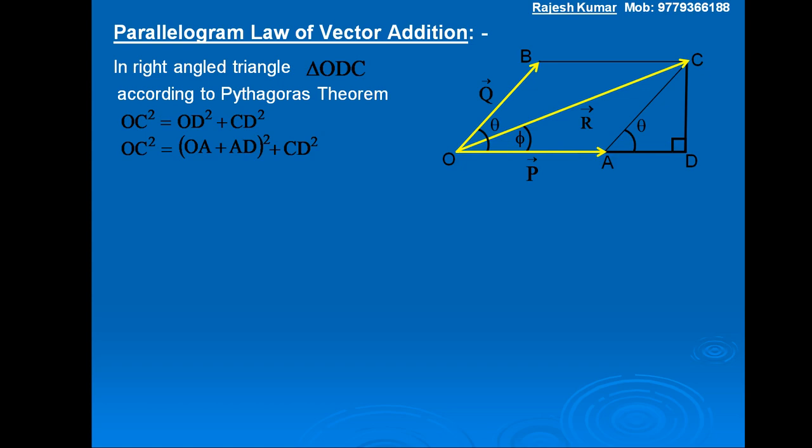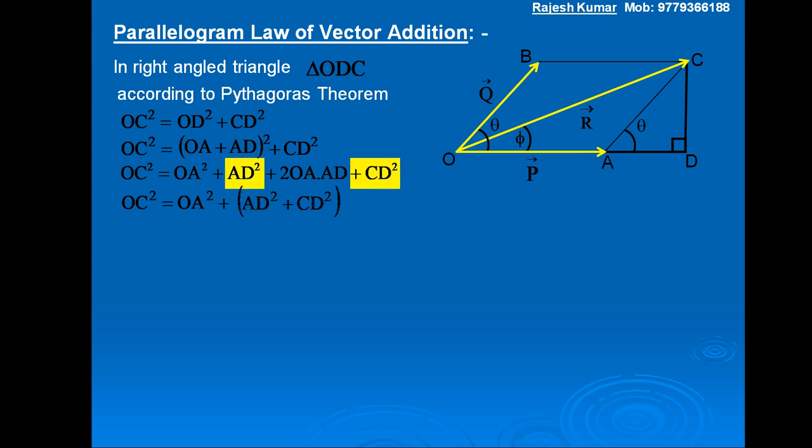Opening the bracket, we get OC square is equal to OA square plus AD square plus 2 OA into AD plus CD square, or OC square is equal to OA square plus, within the bracket, AD square plus CD square, plus 2 OA into AD. Let it be equation number 1.